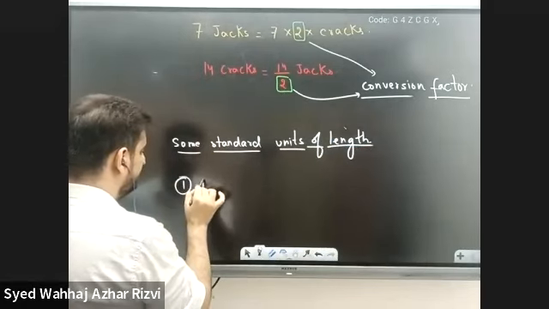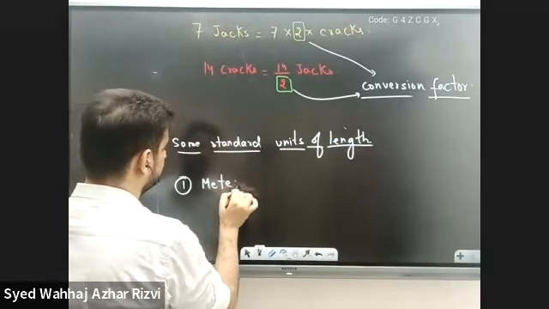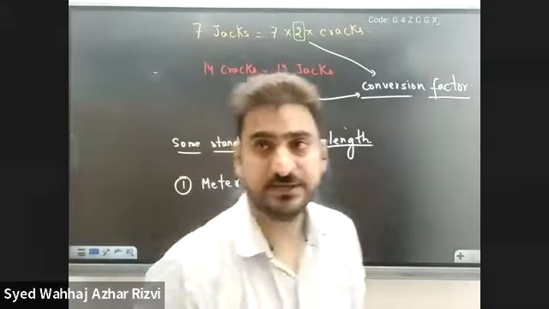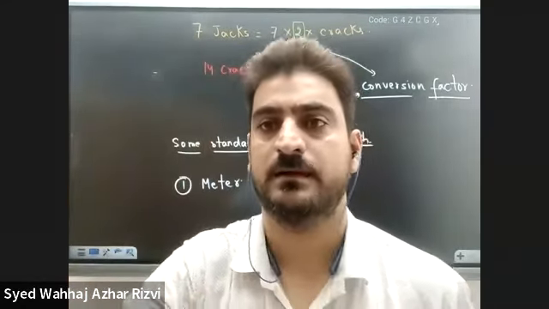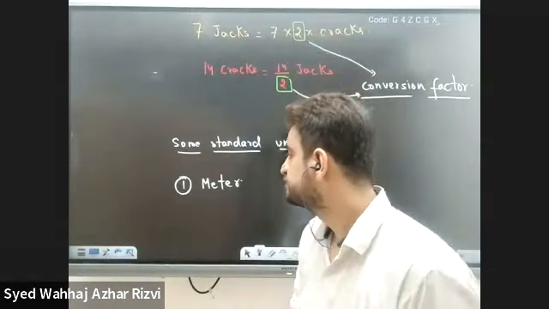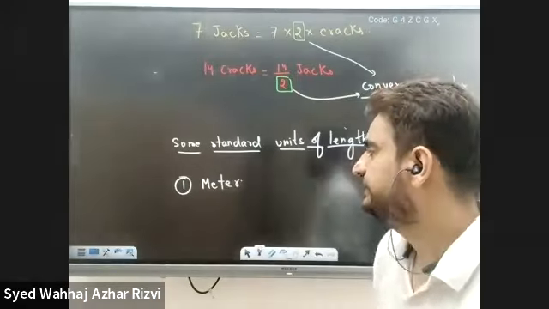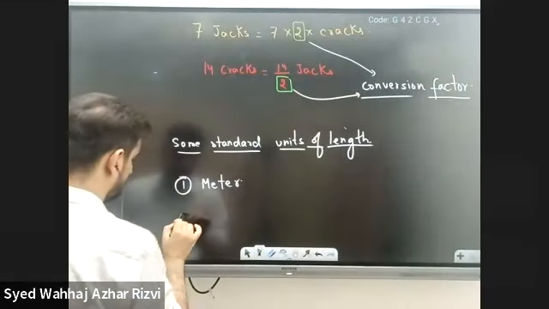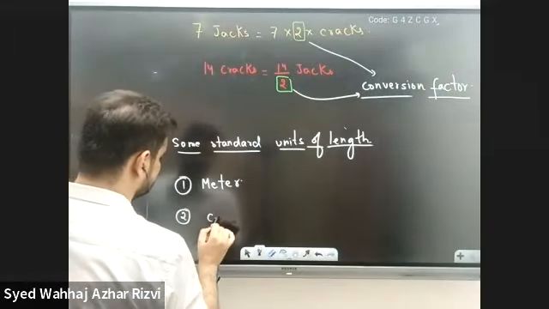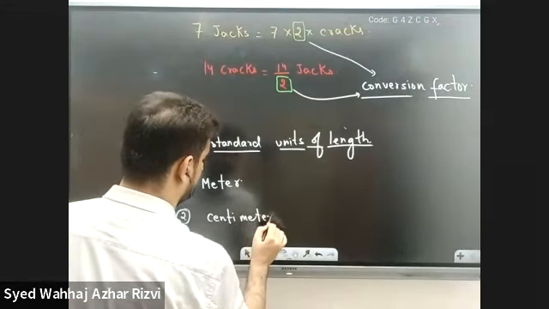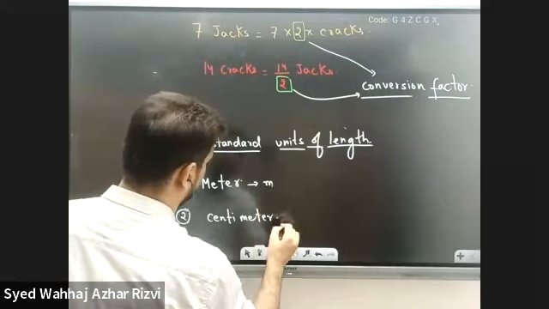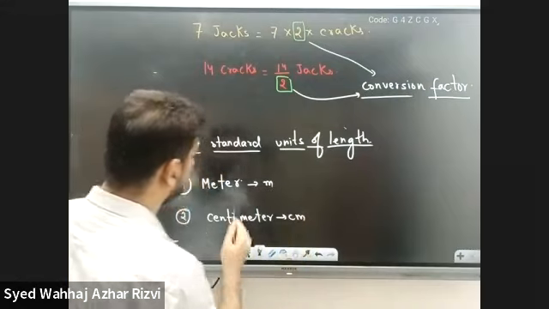The first one is meter. We often use meter a lot. So meter is a standard unit of length. The second is centimeter. We call this simply m, and we call this cm. We have heard about it.